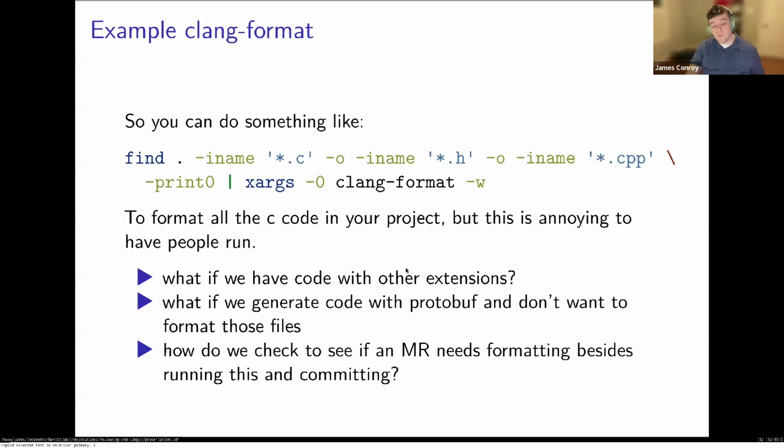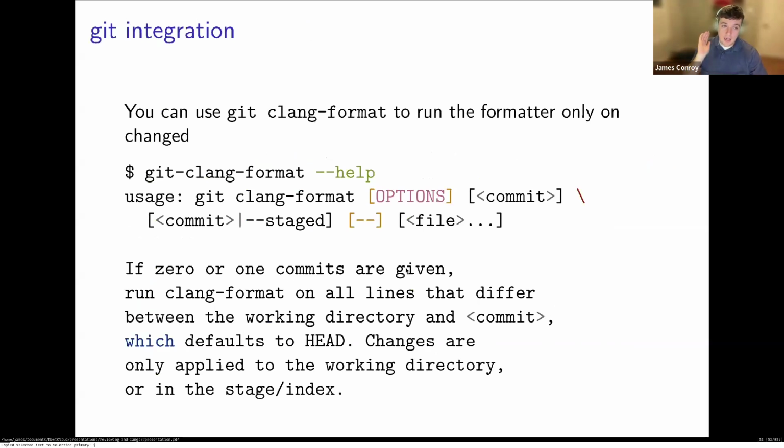Yeah, well, like Stan said, it will reformat your stuff. It'll just write to those files. Then you can commit it with Git or SVN or whatever you use. But I prefer using this git-clang-format script that is available in most repos.